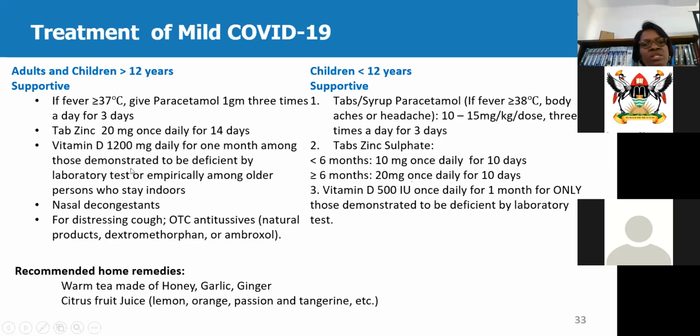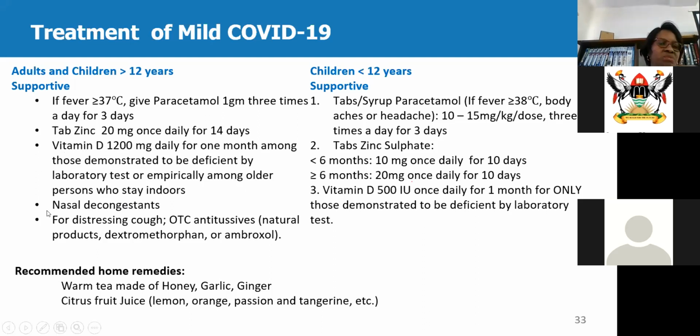Then for patients who are demonstrated to be deficient in vitamin D, or for older people who are always indoors, we can give it empirically, at a dose of 1,200 milligrams daily for a month. So please remember that this vitamin D is not to be dished out to everybody, but only for patients who meet that criteria.